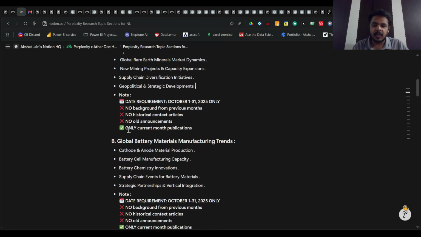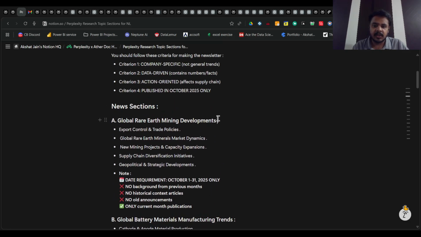For example, this is the first section, that is the global rare earth mining and mining developments. Basically, in this section, we want to have the export control and trade policies, global rare earth mineral and mining market dynamics, new mining projects, capital expansions, supply chain diversification, geopolitical and strategic developments taken by the global companies or the countries as well, right?